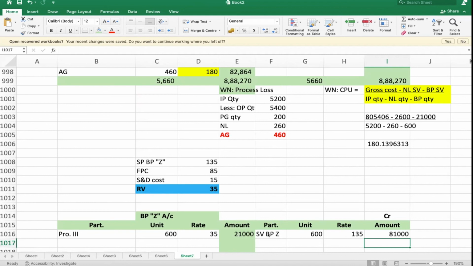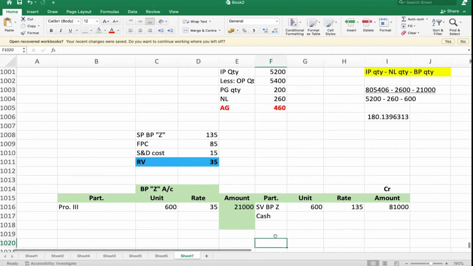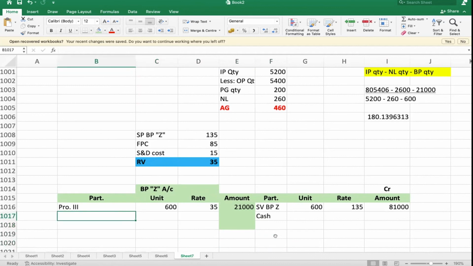Any doubt, Kanna? Are you with me? So that we'll get cash. Then credit side over. Debit side: further processing cost will be debited. Am I right? What about the further processing cost? 600 quantity. Per unit cost comes to how much, Kanna? 85 is the further processing cost. 85 into 600 is 51,000.